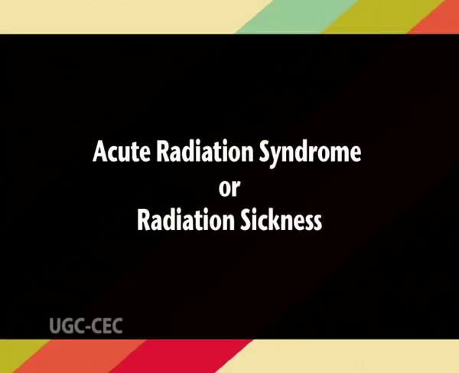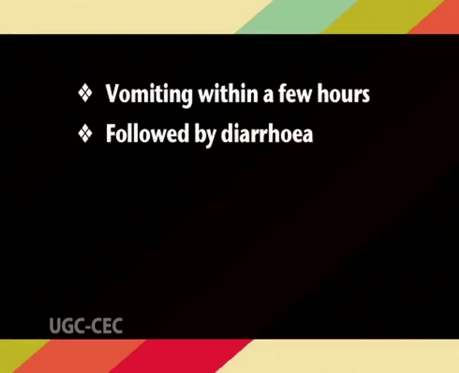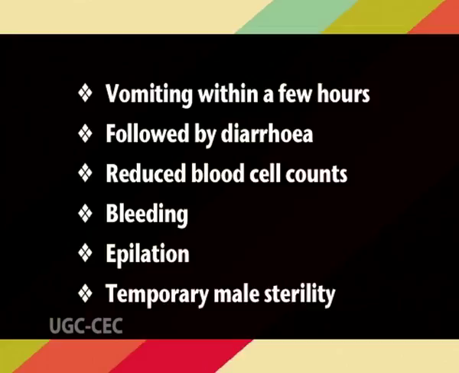Fifth, acute radiation syndrome or radiation sickness. Acute radiation syndrome occurs within a few hours to months after exposure to high-dose radiation. The principal signs and symptoms include vomiting within a few hours, followed by diarrhea, reduced blood cell counts, bleeding, epilation, and temporary male sterility.